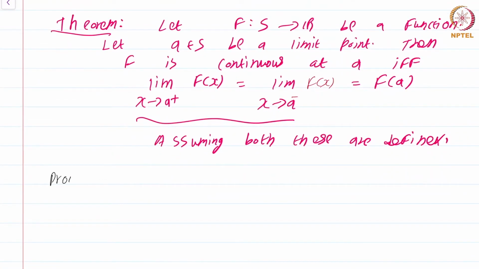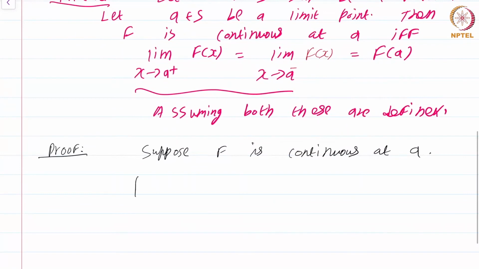Proof. Okay. Suppose f is continuous at A. Then what this says is, fix epsilon greater than 0.